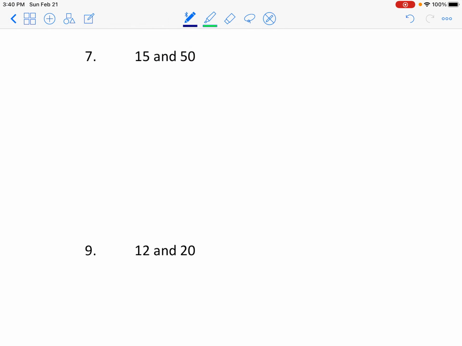Let's list out multiples for 15 and multiples for 50.